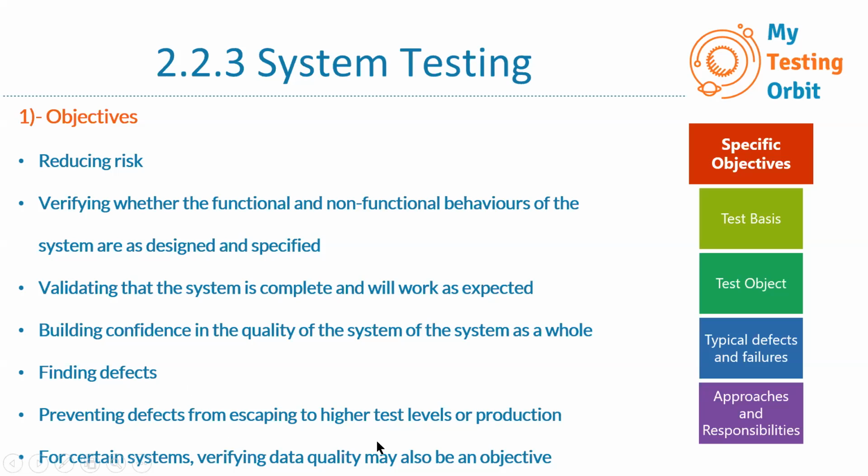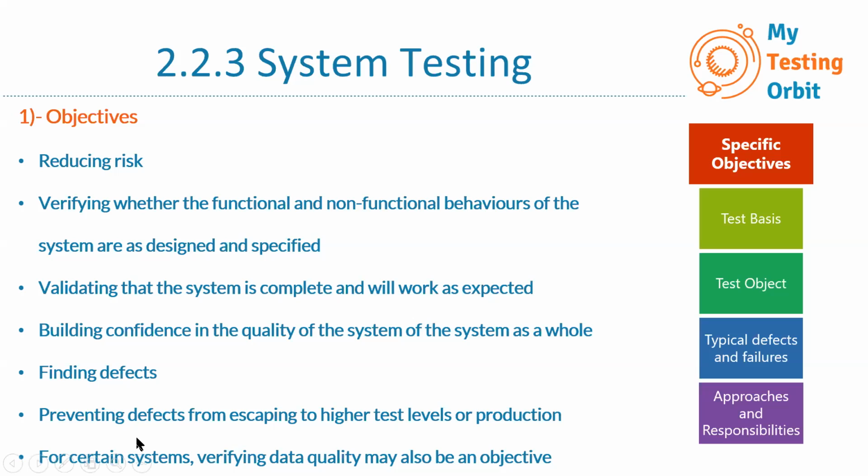Now, this test level is very, very crucial because after that, we have only one test level left, which is acceptance testing. And sometimes acceptance testing is not done everywhere. Sometimes it's only system testing and everyone is relying on system testing. After that, it's just moved on to production straight away, depending on the type of the product and how risky it is.